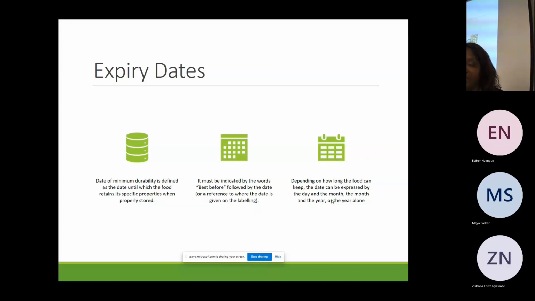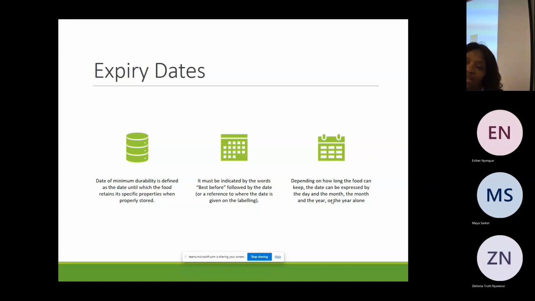It must also be indicated that the word "before" followed by the date is usually a way of referencing that this product has its best quality before this date that has been indicated on the label. And depending on how long the food can keep, the date can be expressed by the date and month, and at times can be the month and year, or at times only the year.